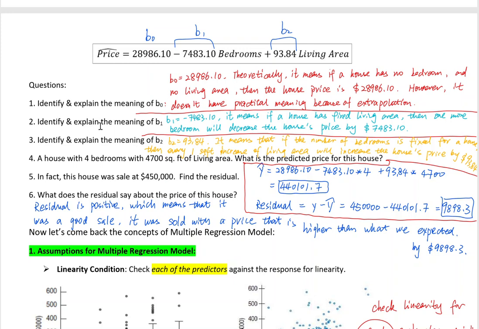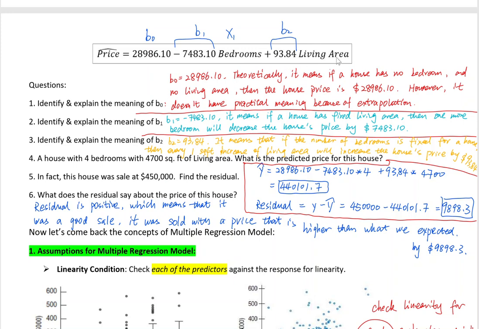And then how do you interpret b1? b1 is the coefficient before x1, the bedroom. So how do we interpret this b1? First, you need to control the other variables.